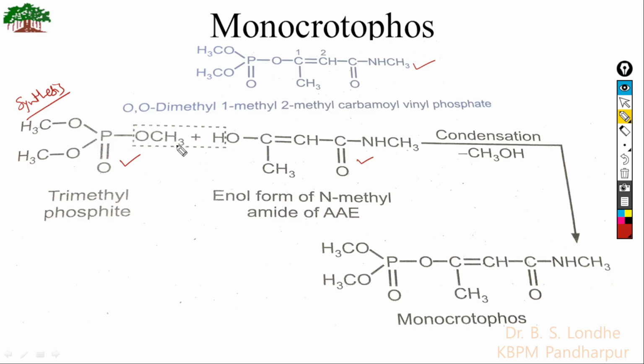Simply there is a removal of methanol molecule. This small methanol molecule is formed by removal of hydrogen from enol form of N-methyl amide of acetoacetic ester and OCH3 group from trimethyl phosphite. And after this condensation reaction, we get monocrotophos, that is O,O-dimethyl 1-methyl 2-methyl carbamoyl vinyl phosphate.